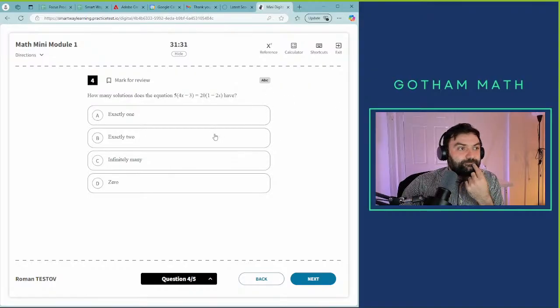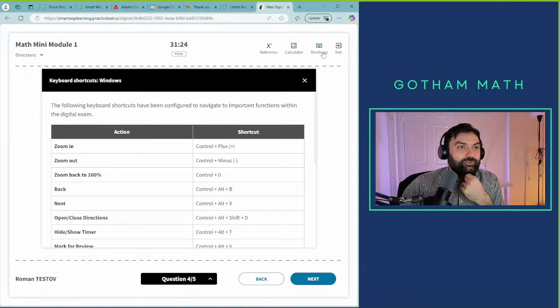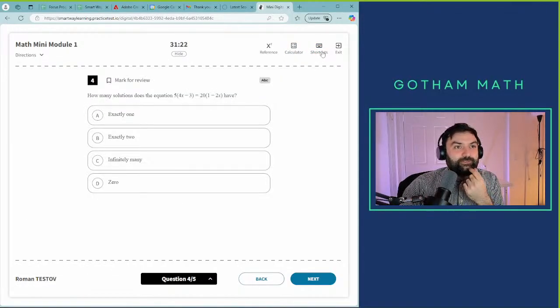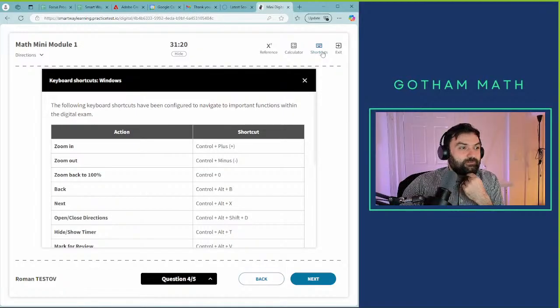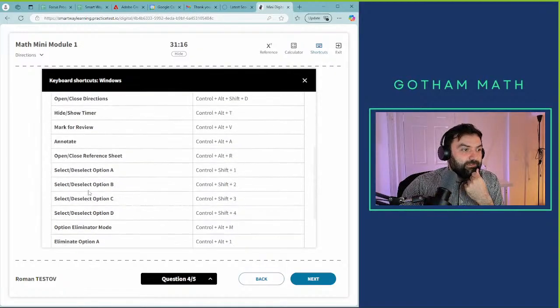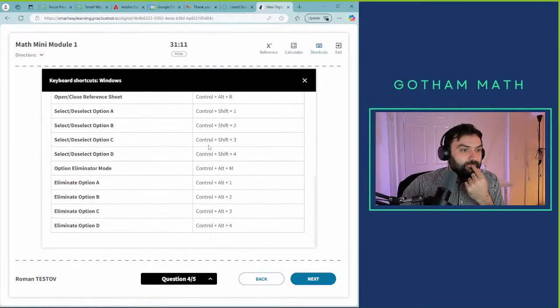Yeah. What else? Calculator, shortcuts. Was there something like this there? Shortcuts? Zoom in, zoom out, zoom back, next. If there was an annotate option, I didn't see it. Eliminate option A, eliminate option B, Control Alt 1.